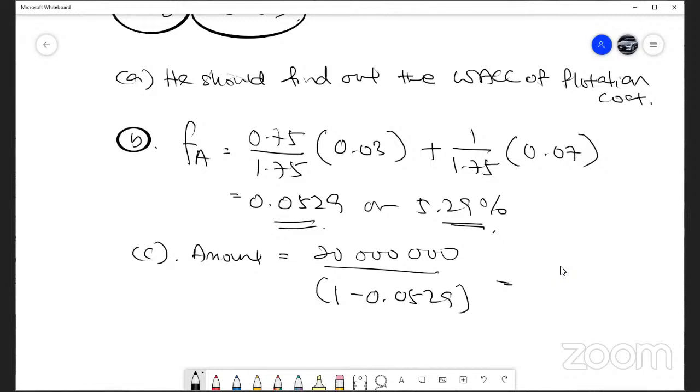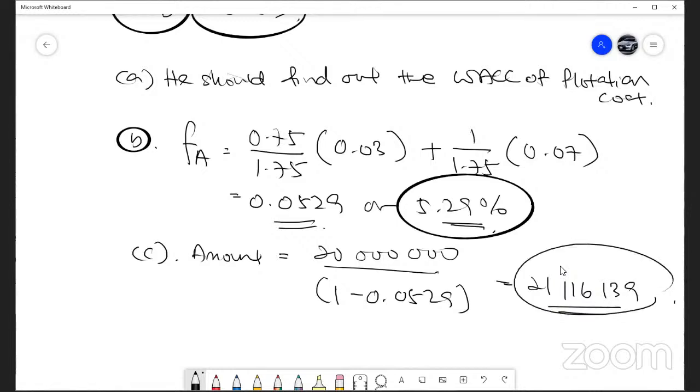So the true cost, the actual cost after incorporating the flotation percentage, is 21,116,139. So this is basically what you mean by flotation cost, the inflation of the initial costing. Very simple.